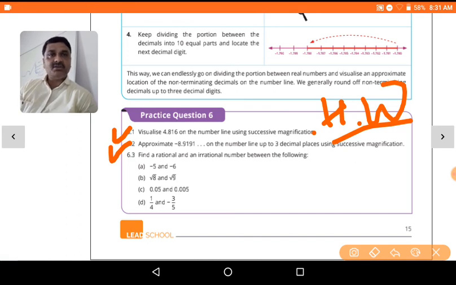So in practice question 6, both 6.1 and 6.2, you have to write down in your today's homework. I hope that this particular portion is very easy for you.